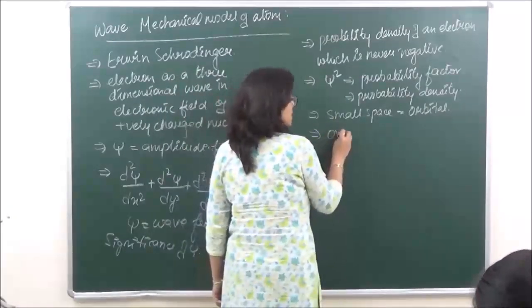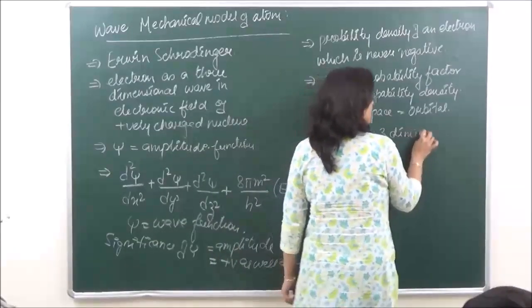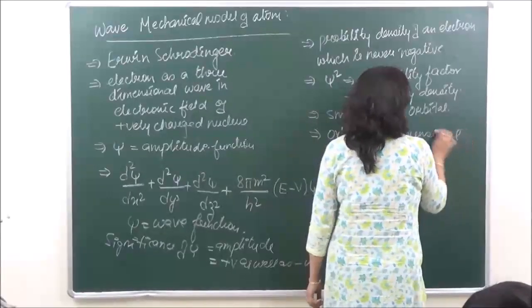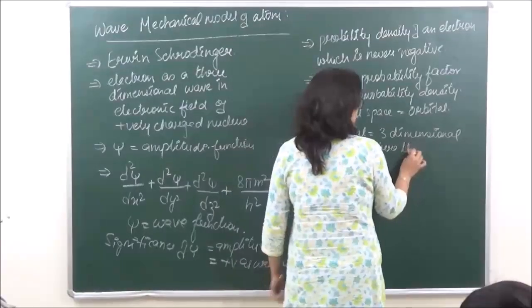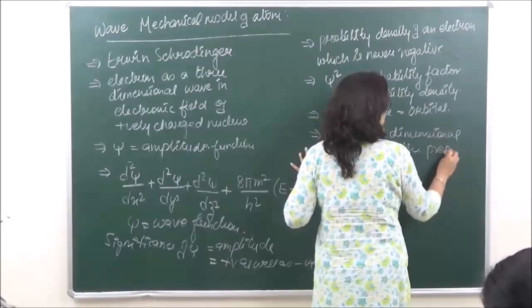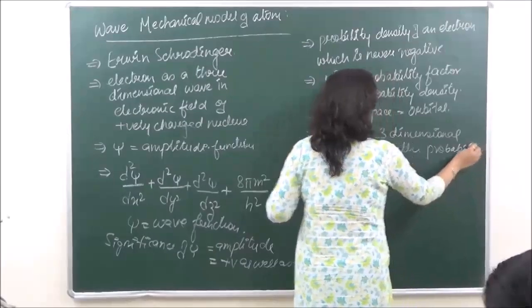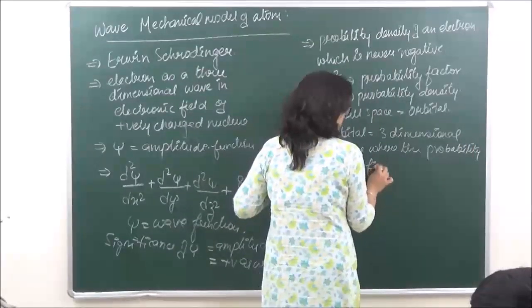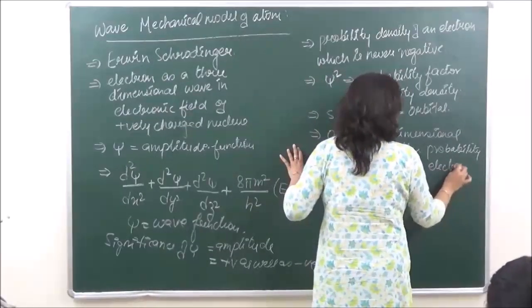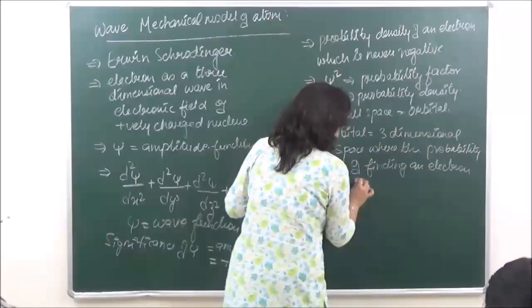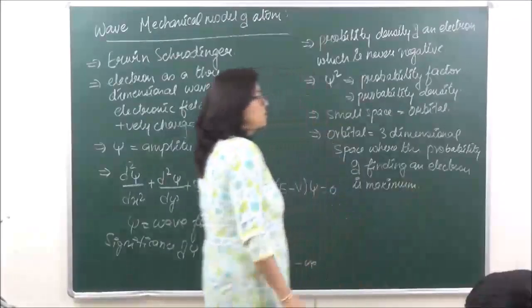An orbital is the three-dimensional space where the probability of finding an electron is maximum.